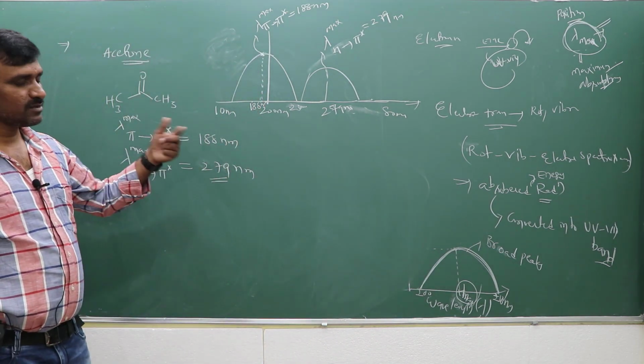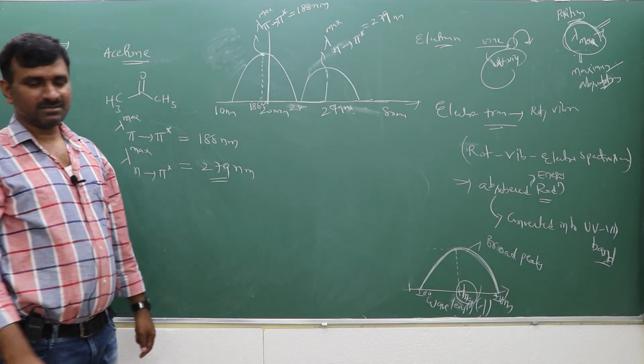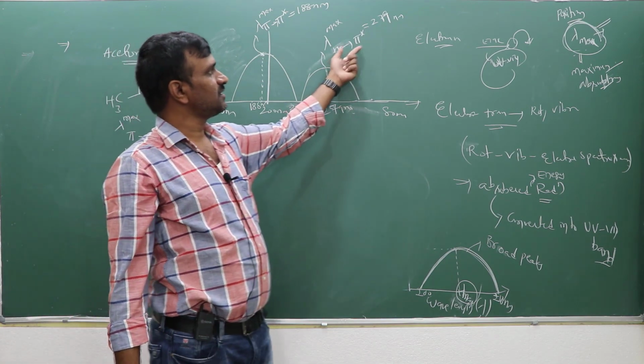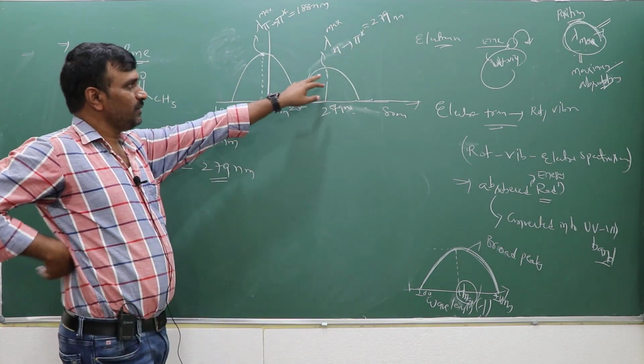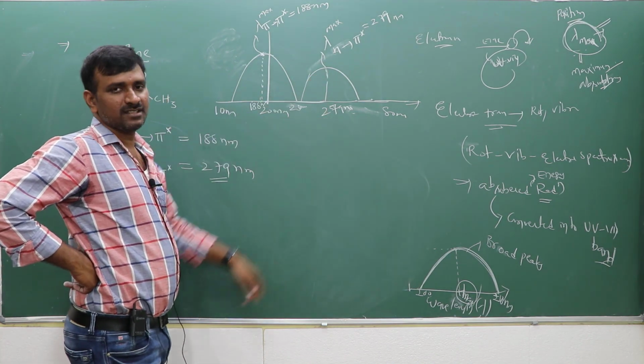How this lambda maximum value is calculated, the Woodward-Fieser rules, I can explain later. So if the n to pi star transition takes place, it is at 279 nanometers.